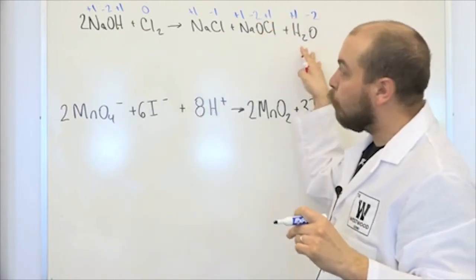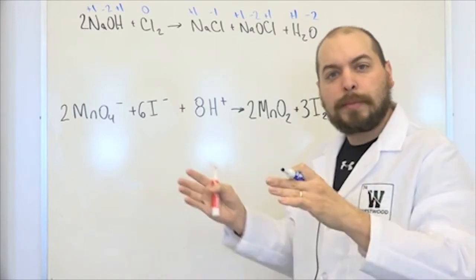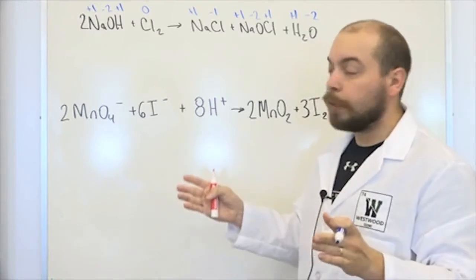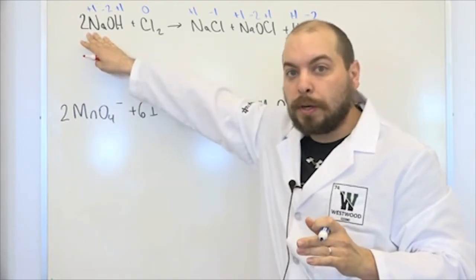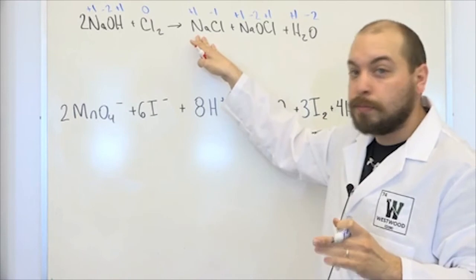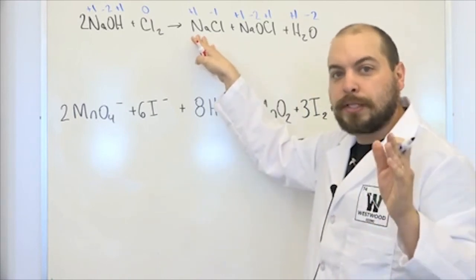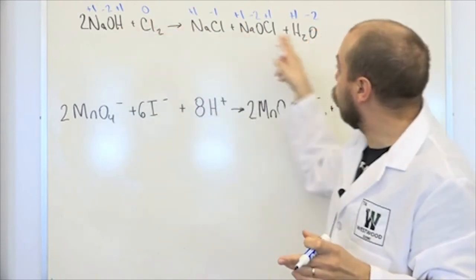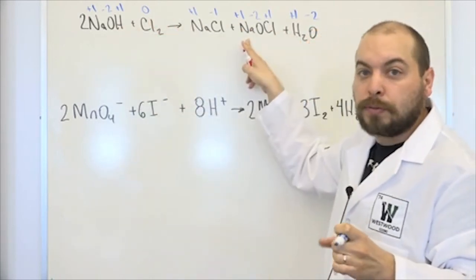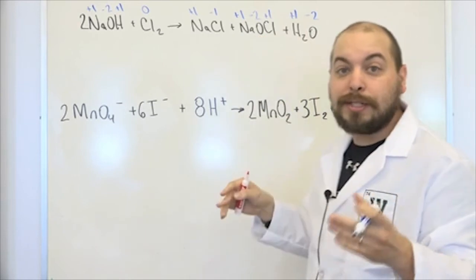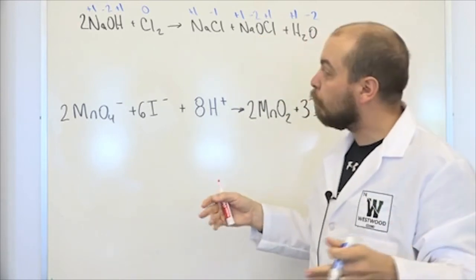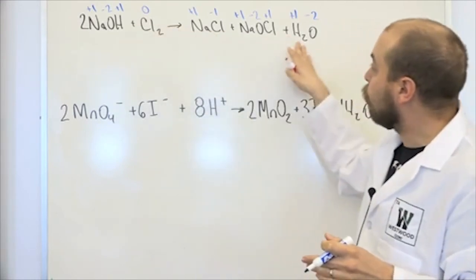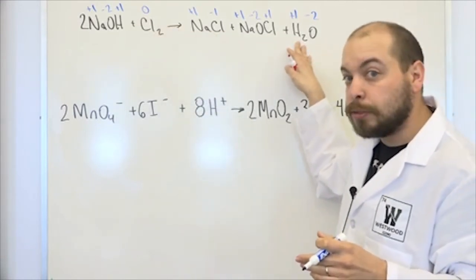Now, if you look across, we can see that for some of the elements, their oxidation numbers changed, while others did not. For instance, sodium is +1 here and +1 here. No change. Therefore, it's not involved in this redox reaction. Oxygen is -2, and in both of the products oxygen is still -2, so it did not change. Hydrogen is +1 here and +1 here. It also did not change.